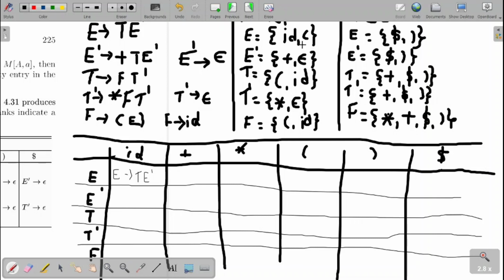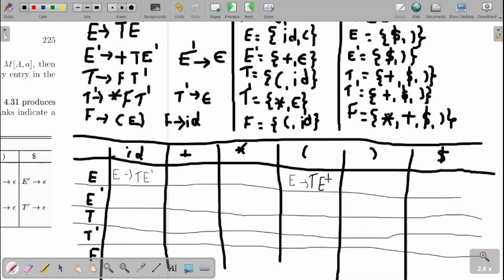Even for the open parenthesis, you put that production, E derives T E dash. Fine. I hope it is clear.